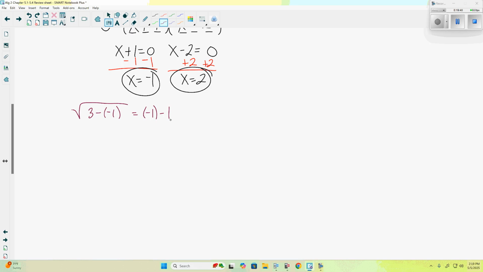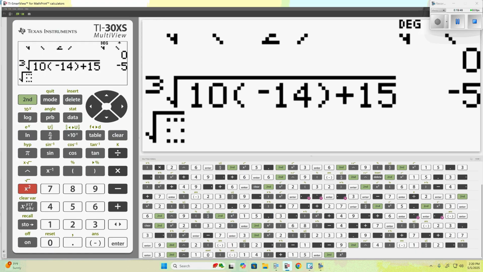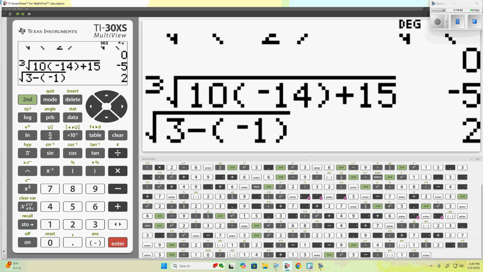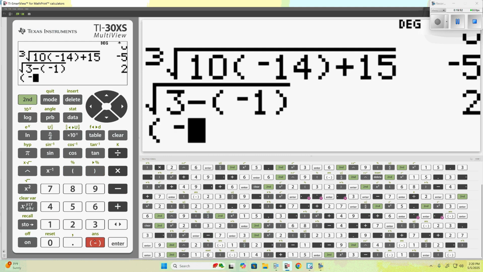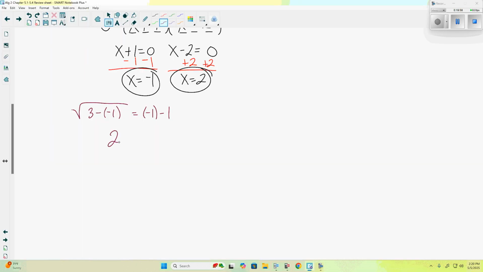Now, if you want to use the calculator, that's fine, because we can pull the calculator up and say second square root, 3 minus negative 1 is 2. Negative 1 minus 1 is negative 2. So we're saying 2 is equal to negative 2.